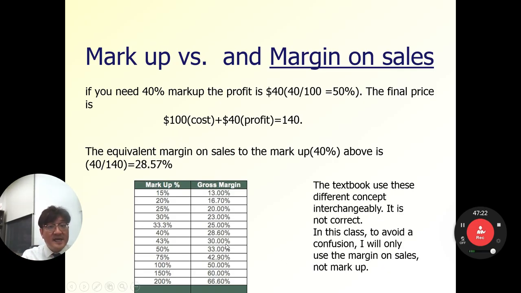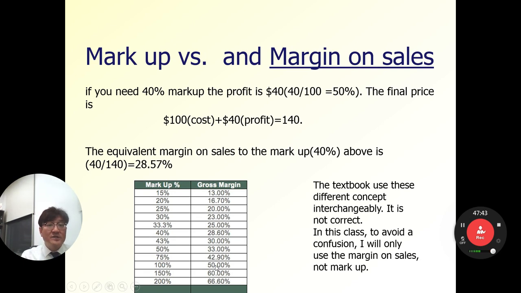In this case, what is the margin on sales? Your final price is 200 and your profit is 100. Then 100 divided by 200, your margin on sales is going to be 50%.